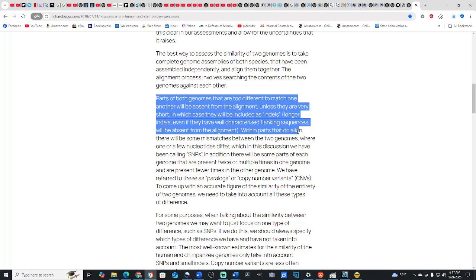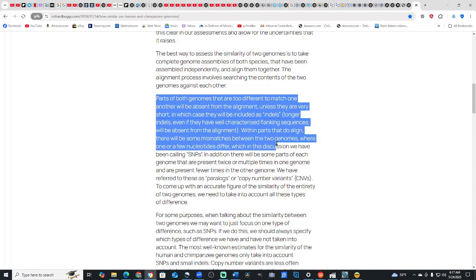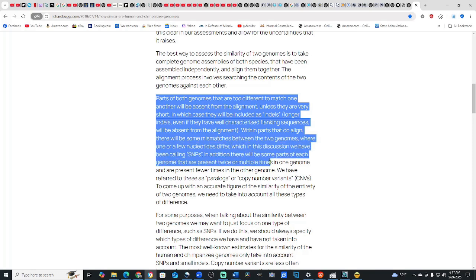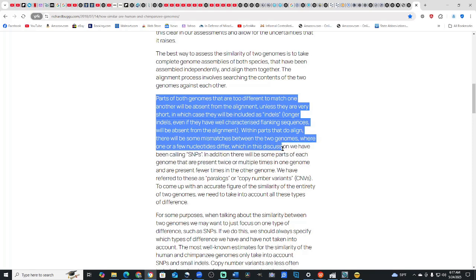Within parts that do align, there will be some mismatches between the two genomes where one or a few nucleotides differ, which in this discussion we have been calling SNPs. SNP stands for single nucleotide polymorphisms. So that's what SNPs stand for.